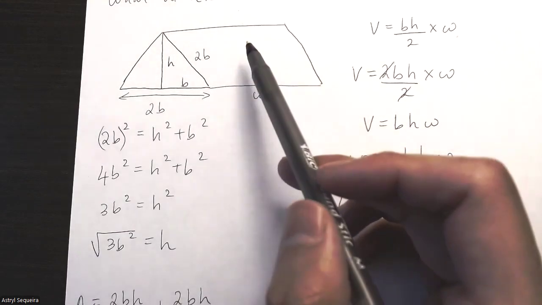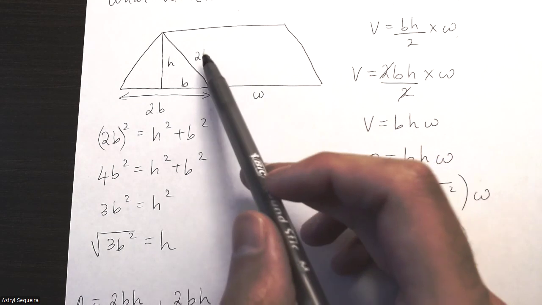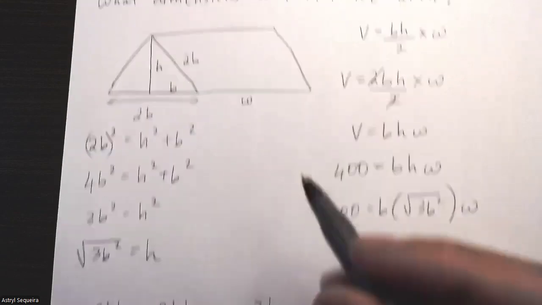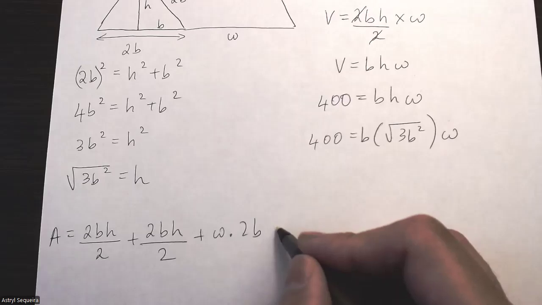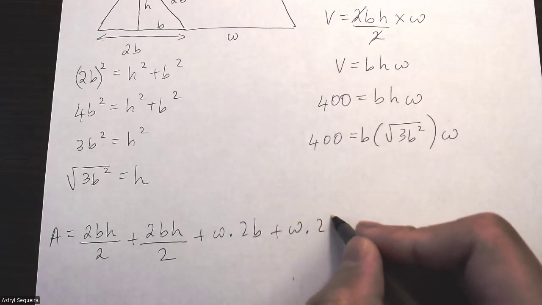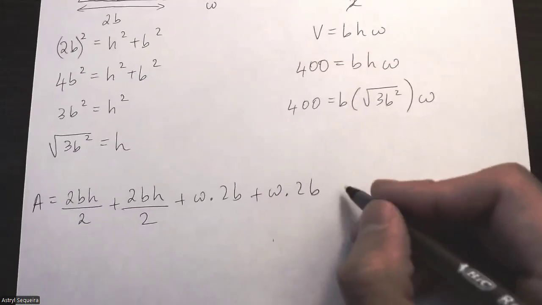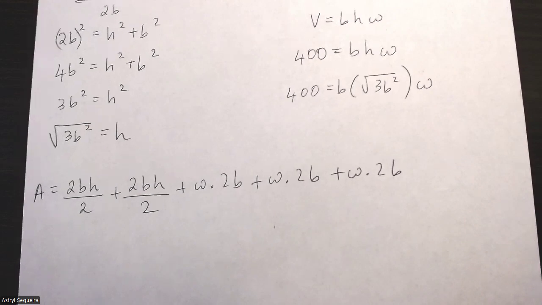Then plus the area of the left side over here, which is just w times 2b. Plus the area of the side opposite that, which would also be w times 2b, plus the area of the bottom, which would again also be w times 2b.